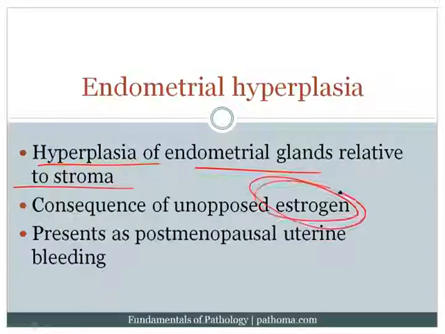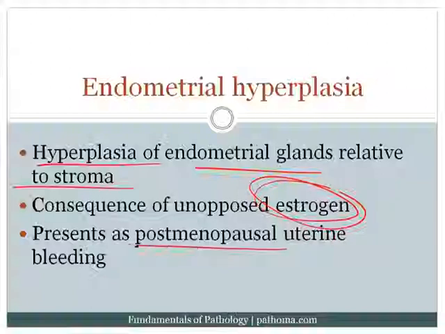Estrogen, estrogen, estrogen. This is a consequence of unopposed estrogen. So if a patient's got unopposed estrogen, meaning estrogen that's not followed by a progesterone phase, they develop endometrial hyperplasia. So it's classically seen in a postmenopausal woman because they would have stopped their progesterone phase because they're no longer menstruating, but they still are seeing some estrogen. For example, let's say she's obese.